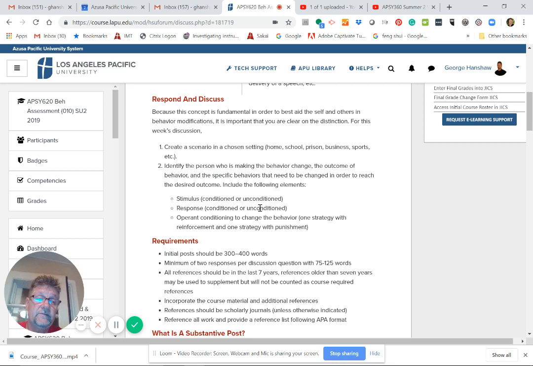And now your peer responses. What's a good peer response? Well, here, 75 to 125 words, and you are extending the conversation so you can give an example. So let's say agree or disagree, give an example. Make it something tangible, something real that people can see, can kind of understand, or ask a question at the end.